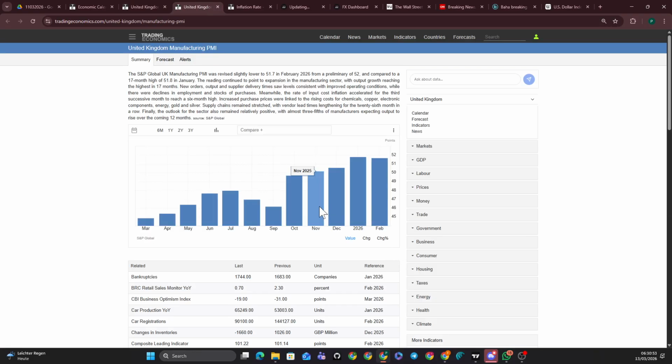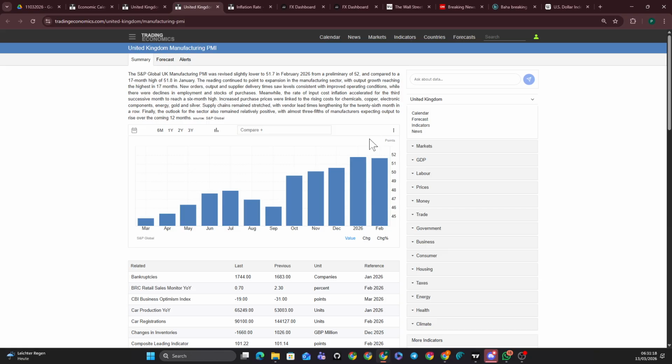For the last couple of months, we have been seeing the United Kingdom's PMIs showing good performance since October, November, December, January, and February. It was a small drop, but still it is above 50. For those who don't know, PMI is the Purchasing Managers' Index.